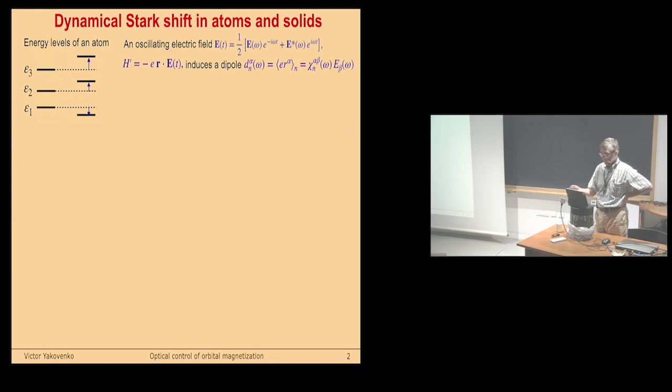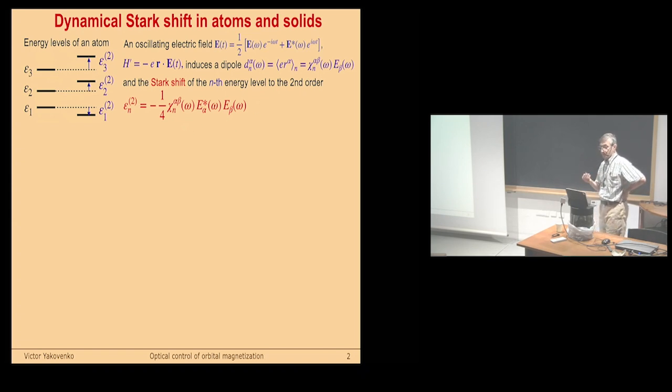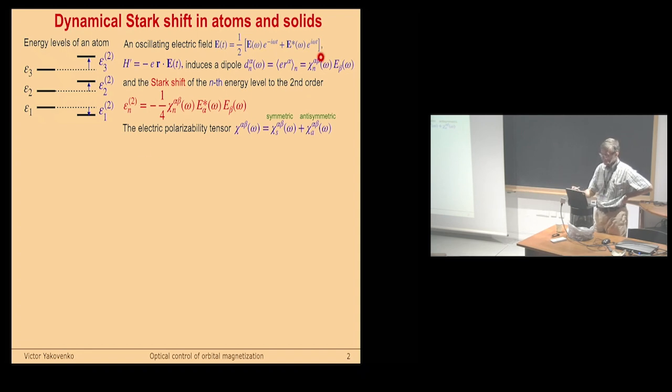It produces two effects. It induces some non-zero dipole moment via the polarizability tensor, but very importantly, it also gives an energy shift. These energy levels in an atom will get shifted to second order in the electric field, and the coefficient here is the polarizability tensor, exactly the same one that gives you the induced electric dipole moment.